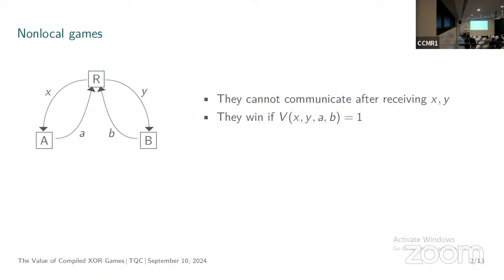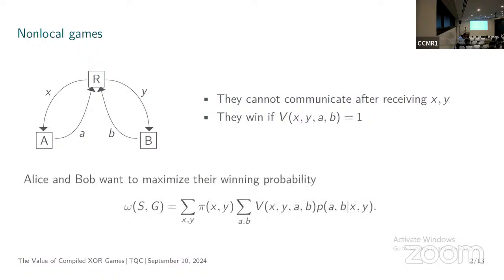For each non-local game there's a verification function with values in 0 and 1, and the players win if and only if this function is equal to 1. The players should be very far apart, so they cannot communicate, and their goal is to maximize the winning probability.